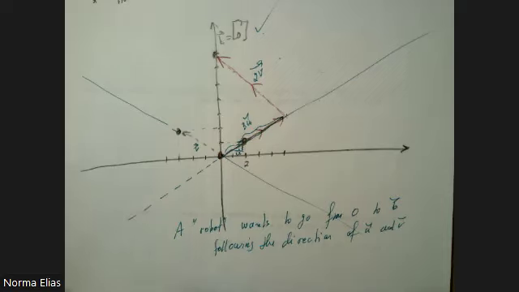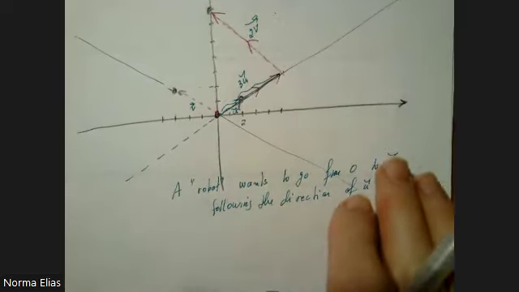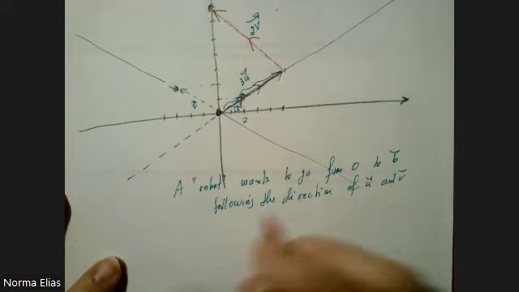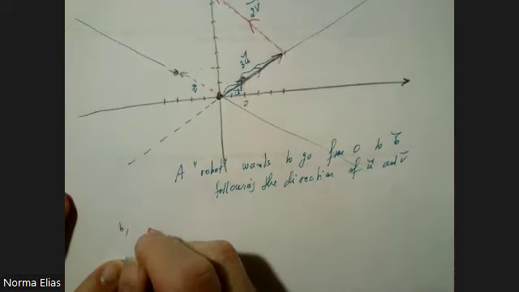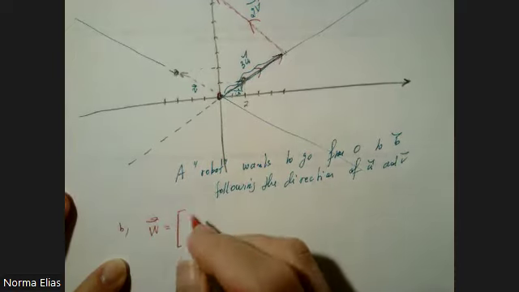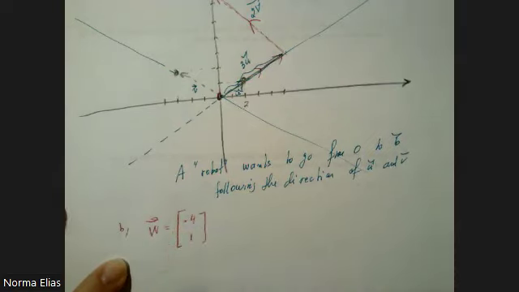Right. So let me ask you another question before I move on and do algebra. Let me say I take a vector W. Geometrically, I don't want to do algebra for that. So suppose I take W to be the vector -4, 1.